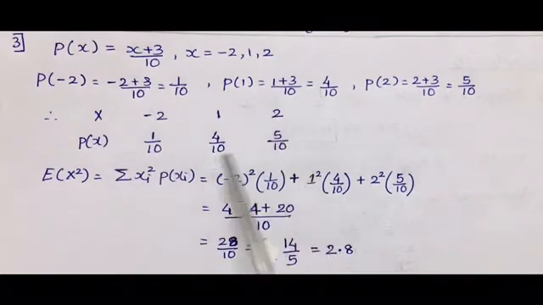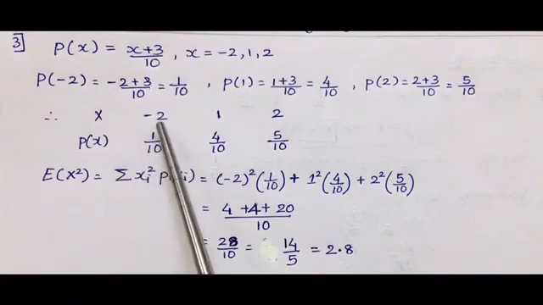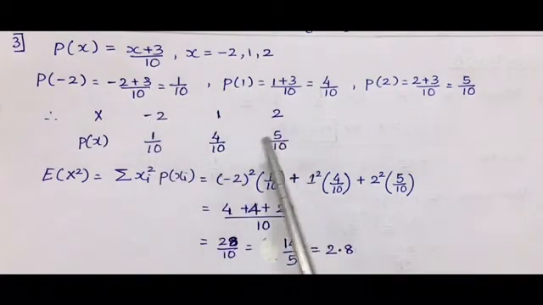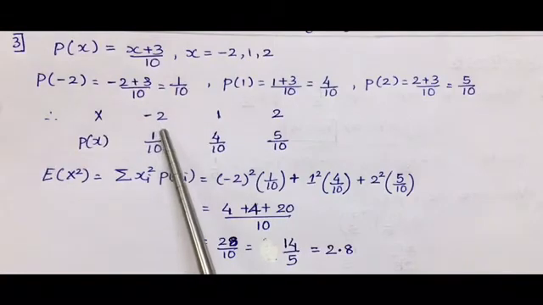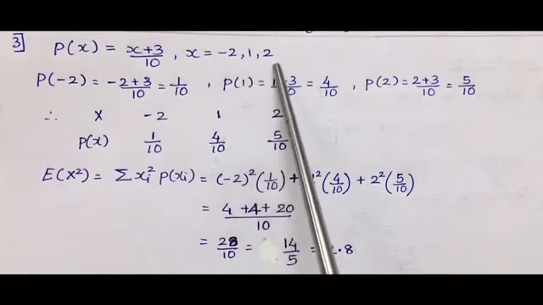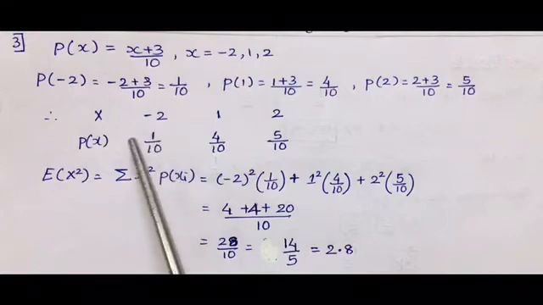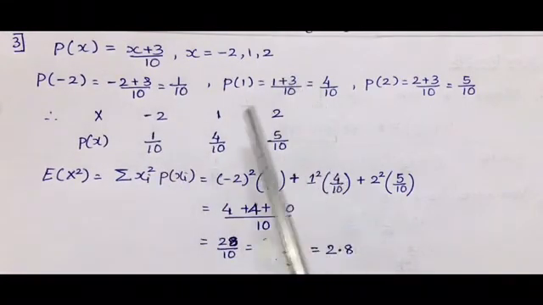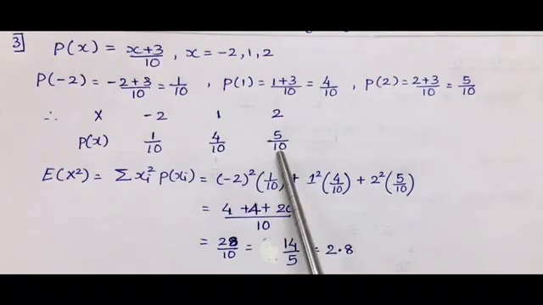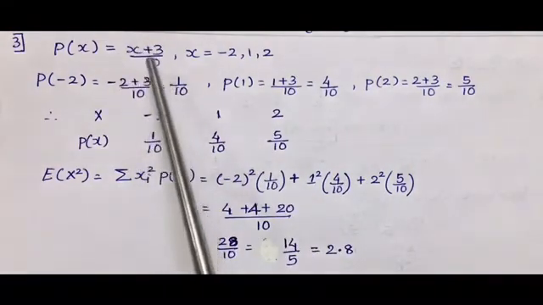Now expressing the random variable x in tabular form, taking up the values of x as minus 2, 1 and 2 and their corresponding probability 1 by 10, 4 by 10, 5 by 10, which is being calculated by this formula.